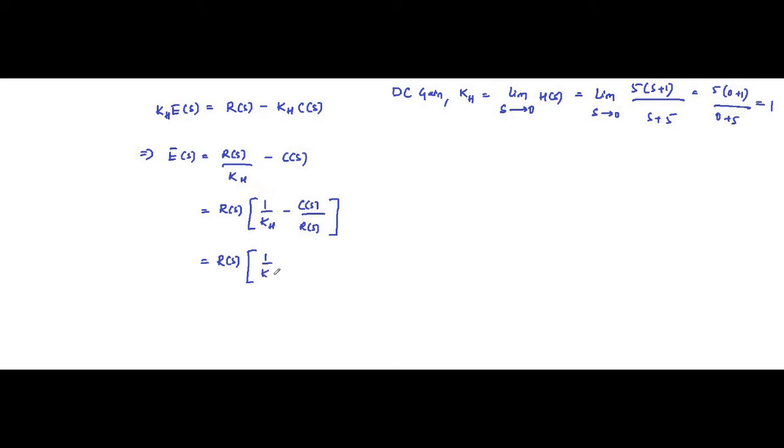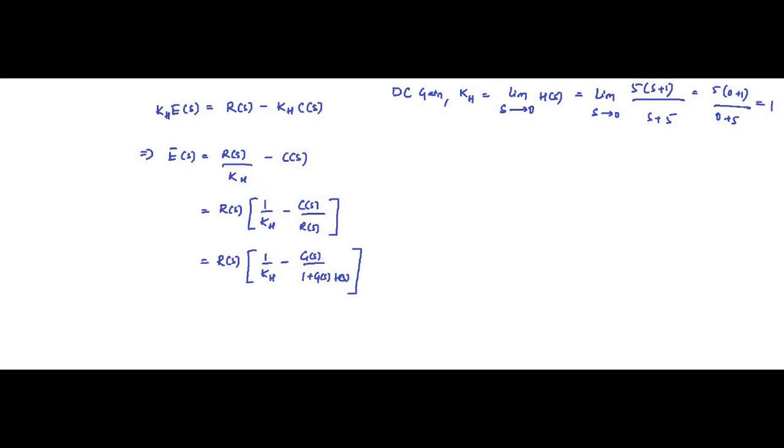C(s) by R(s) is the closed loop transfer function, we all know that, that is G(s) by 1 plus G(s)H(s). Here we'll go step by step. First we'll consider the step input, then the ramp input.